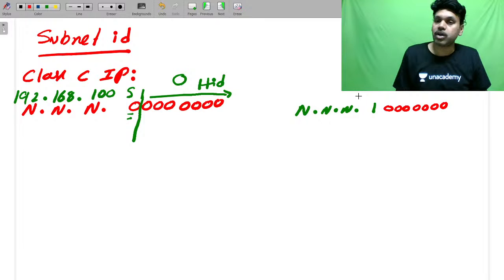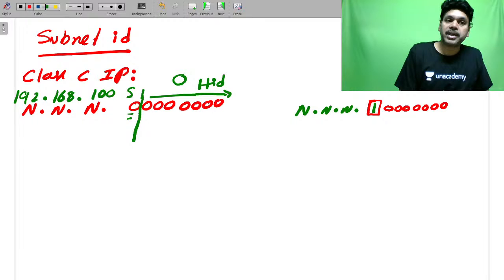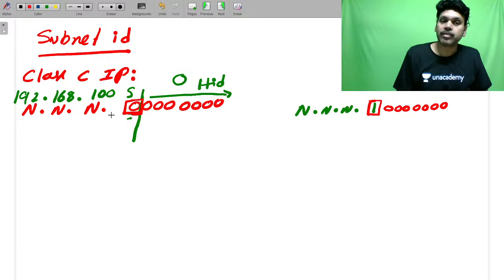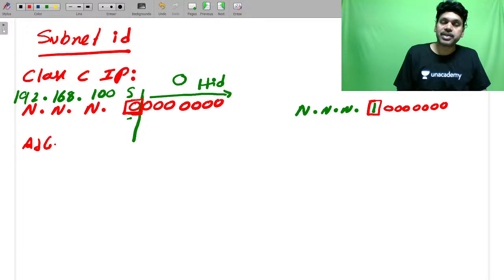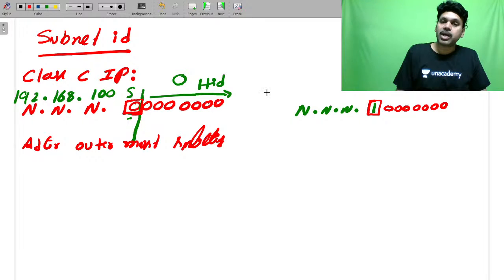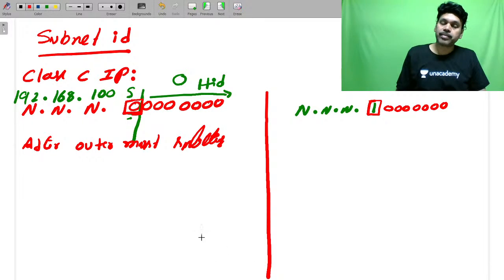Combination can be anything. So innermost splitting is happened. Sorry, outermost splitting is happened. So after outermost splitting, what are your subnet IDs?